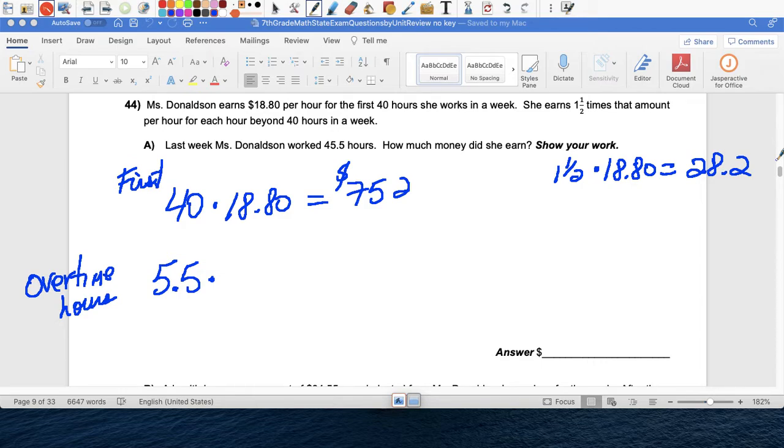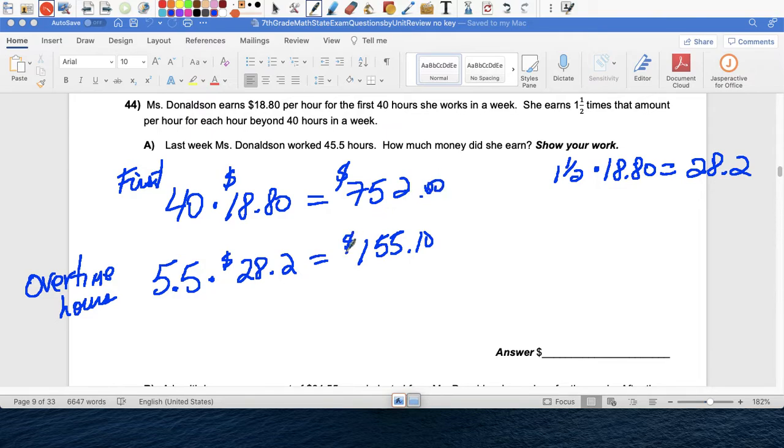Okay, that wasn't that bad. So every hour after 40, she makes 1.5 times 18.80, so she actually makes $28.20 per hour. This is her hourly wage, which is why you always want to work overtime. So she did 5 hours of overtime times 28.2, which is how much she gets paid for the overtime hours. And just there, she made $155.10.